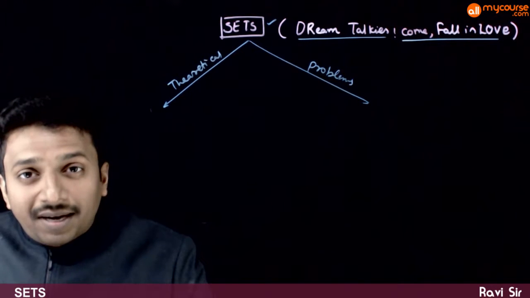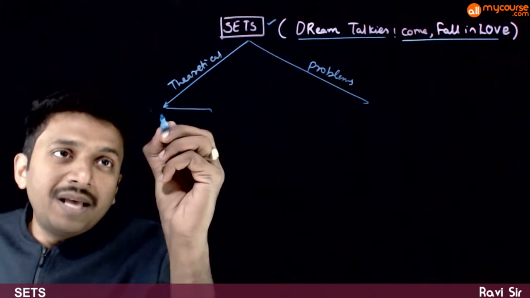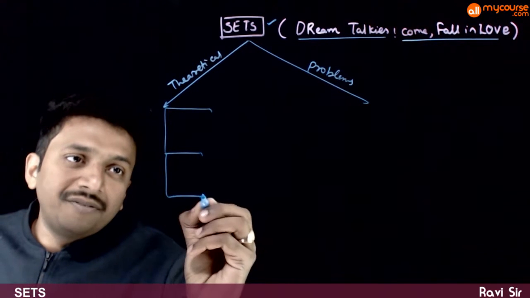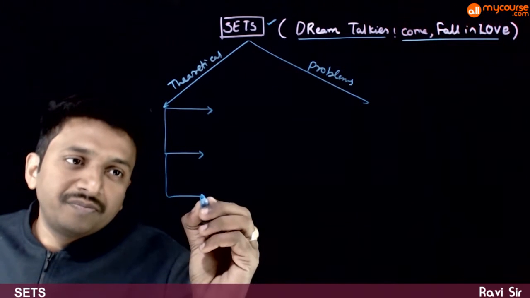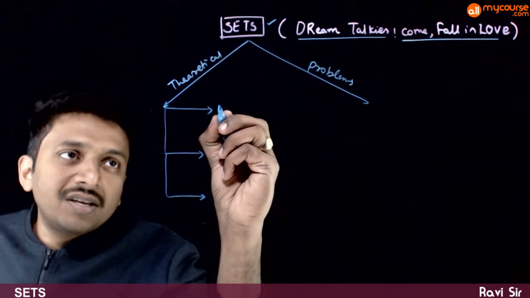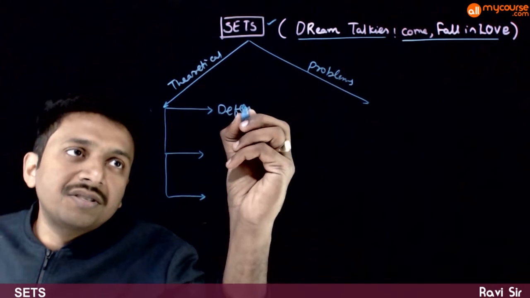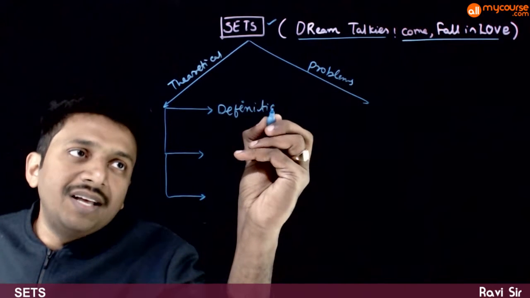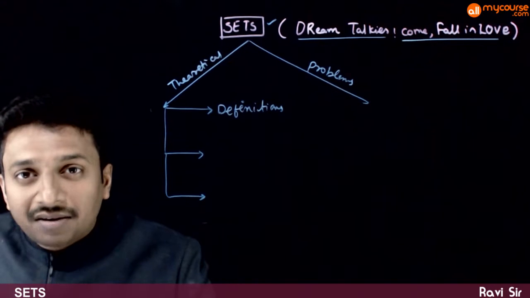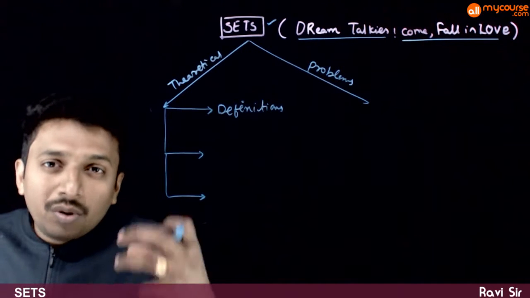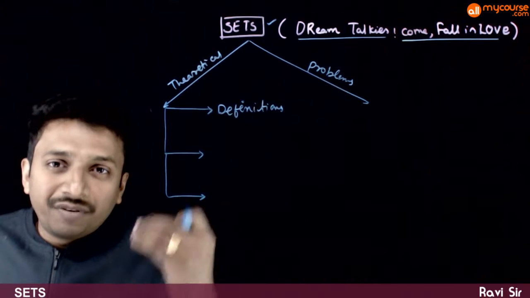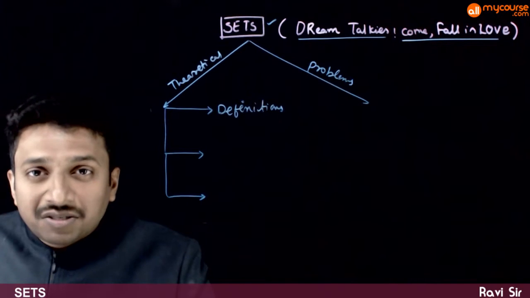So in the theoretical part, we learn basically three different topics. The first topic is definitions, that is what sets are and the basic definition of different terms that are there in sets.